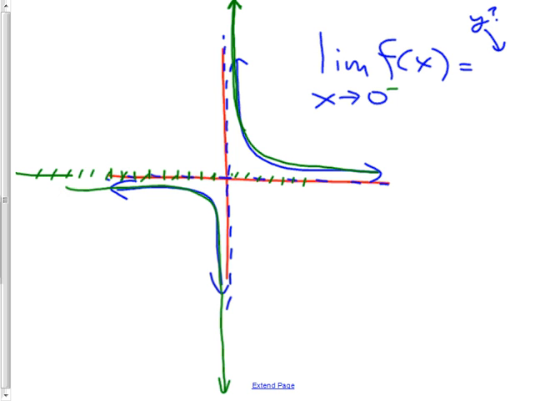This is where x is negative over here. So that's kind of like saying from the left. The limit of the function as x approaches 0 from the left. So I'm coming this way. That one was the one that went down, so that would be negative infinity.